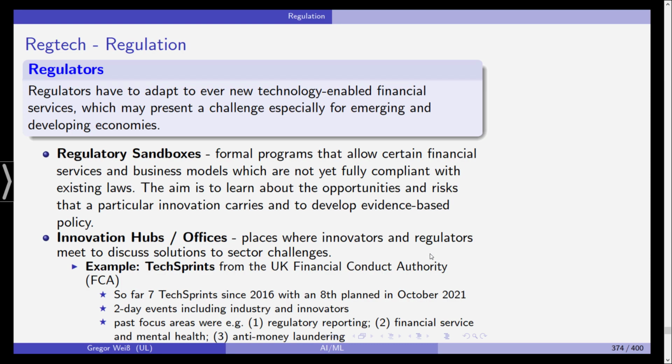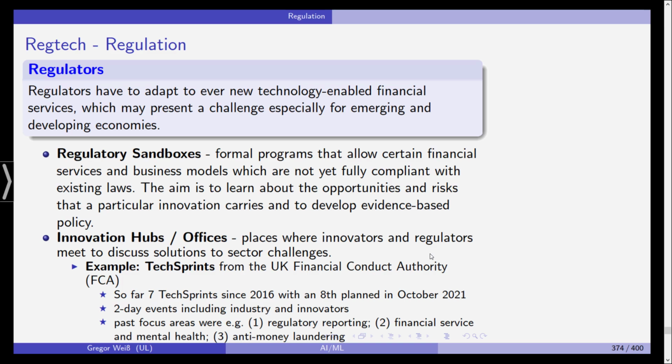Okay, now regulators. The regulators have to adapt to ever new technology-enabled financial services, which may present a challenge, especially for emerging and developing economies. This is why some regulators, like BaFin, have come up with something that is called a regulatory sandbox. Regulatory sandbox, what is that?